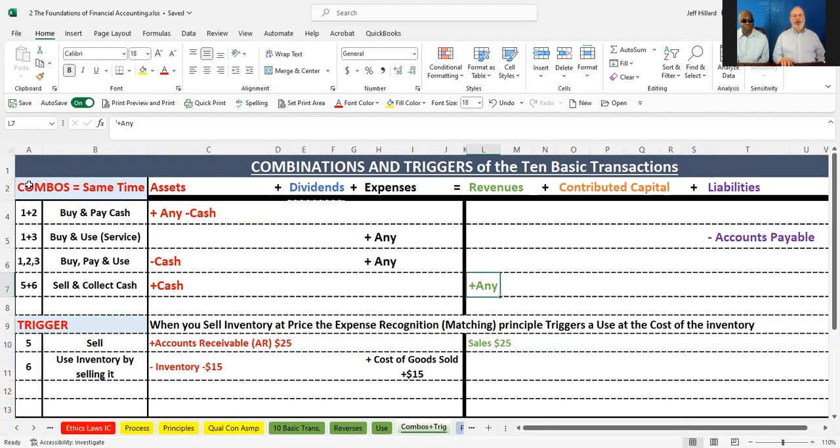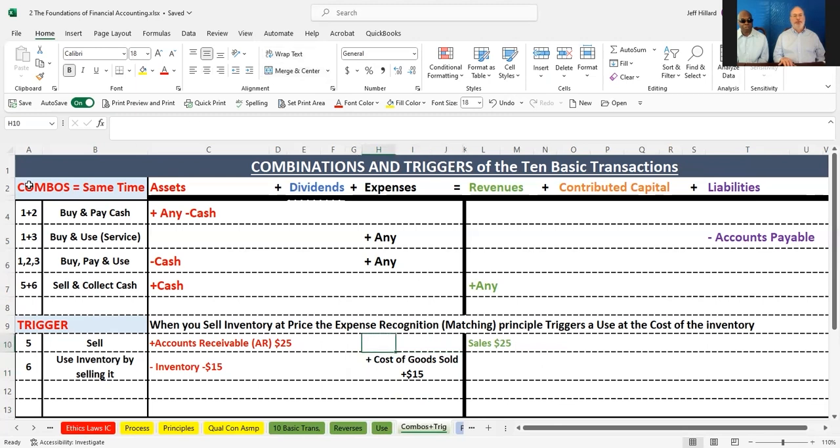Okay, the final one is an important one. We call this a trigger, and it's triggered by the matching principle. We've sort of hit this a lot, but we're going to come back to it. What happens when you sell? When you get an accounts receivable, we're going to say $25, and sales or revenue of $25. However, because of the matching principle, we did this with Hot Dogs R Us, you must at the same time account for the cost of goods sold as an expense.